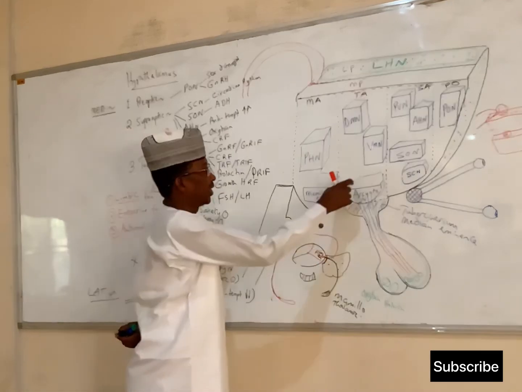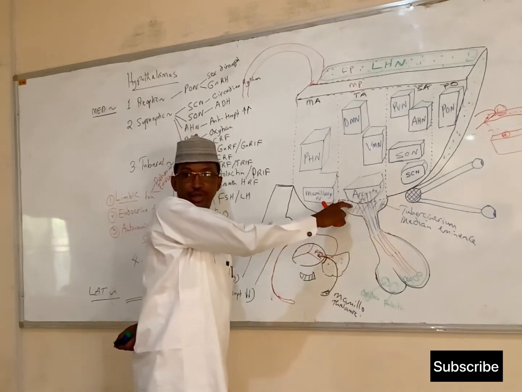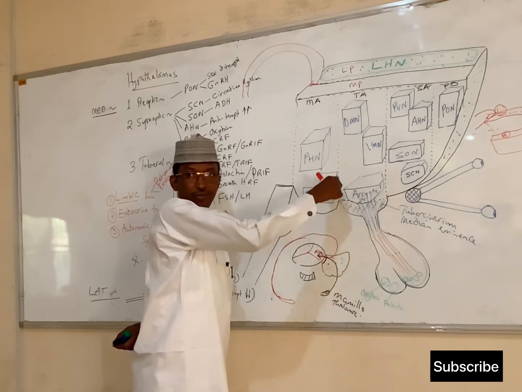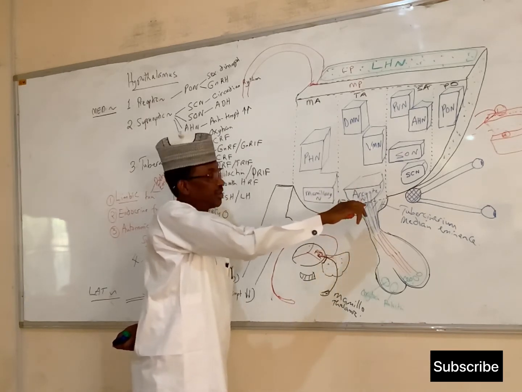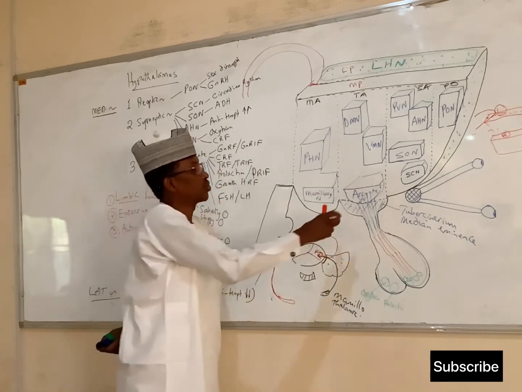In the tuberal area, the one that is closer to the tuber cinereum is in the form of an arc, a nucleus that is just like a moon, moon-shaped.